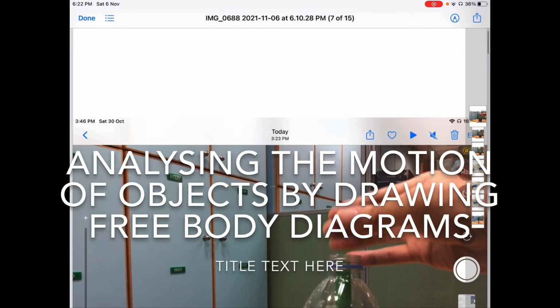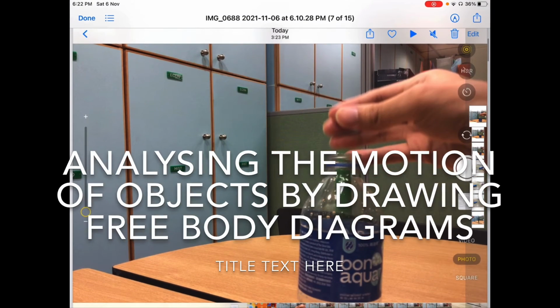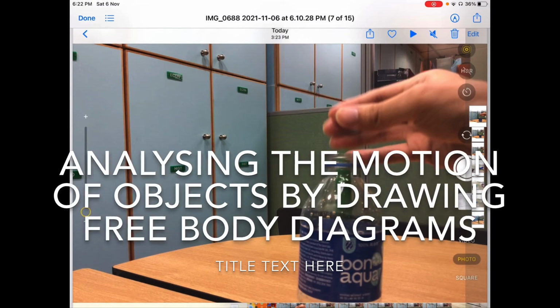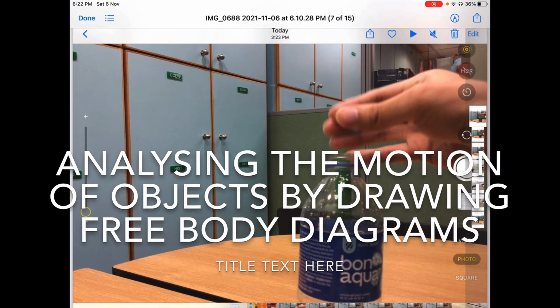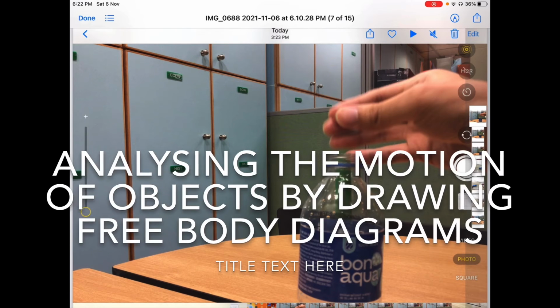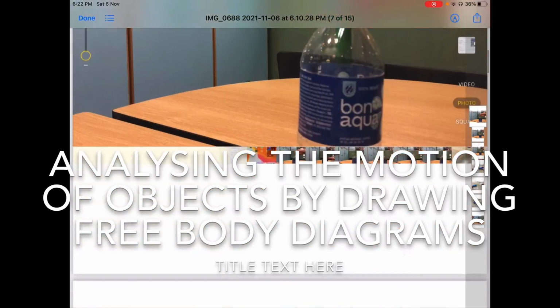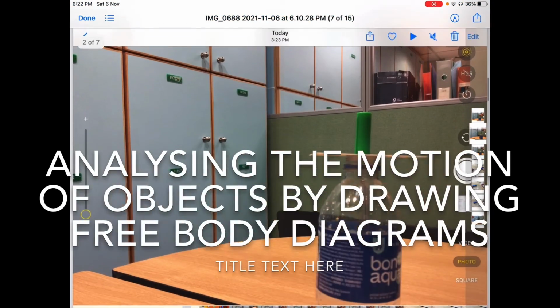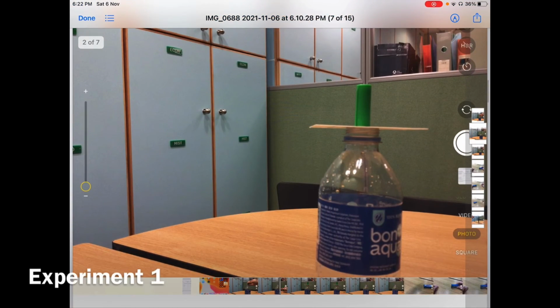Well, in this video, I will show you how to draw free body diagrams on an object in order to analyze the motion of it. You can actually try this experiment at home. Prepare a water bottle, place a cardboard on it, and then place a random object on it.